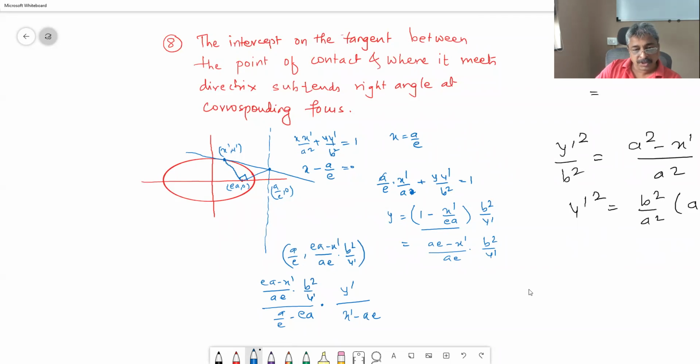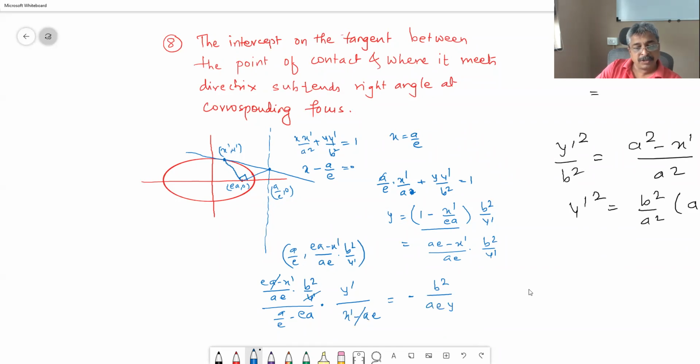So something is getting cancelled. X dash minus ae is getting cancelled with this, with minus sign, minus 1 is remaining there, and then everything should get cancelled. What is there now? b square upon ae y dash.